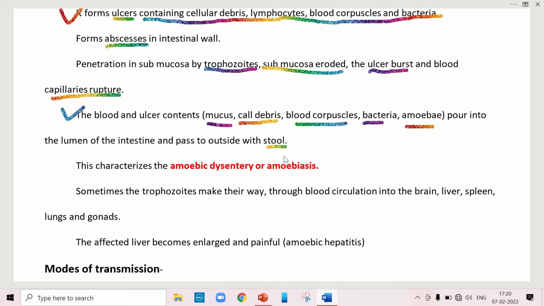Stool means the human excreta. So the blood and the ulcer contents pour into the lumen of the intestine and pass to outside with the outgoing stool.